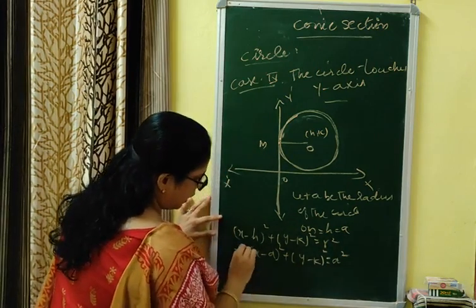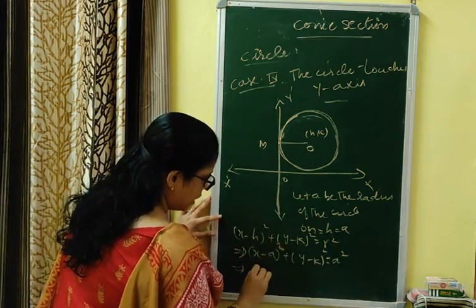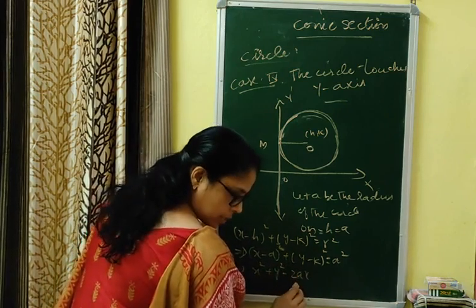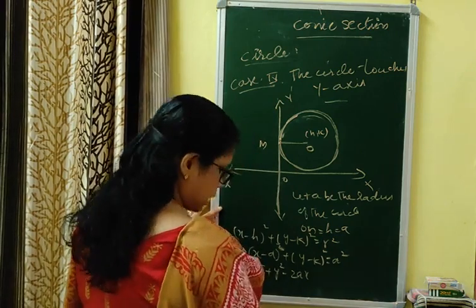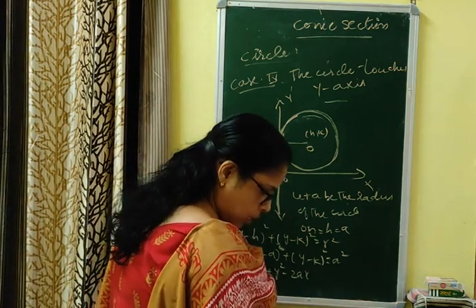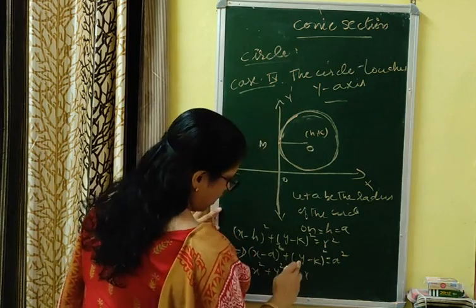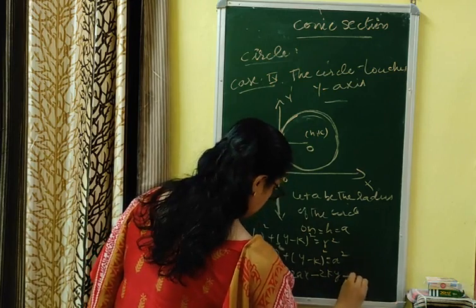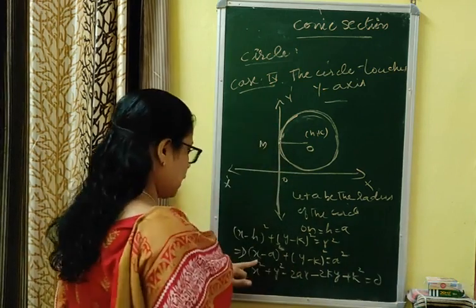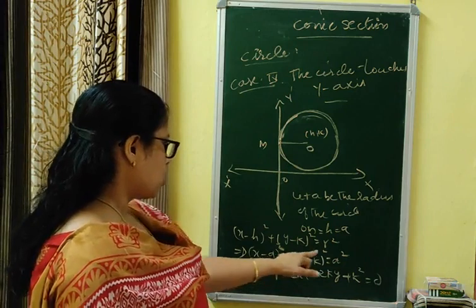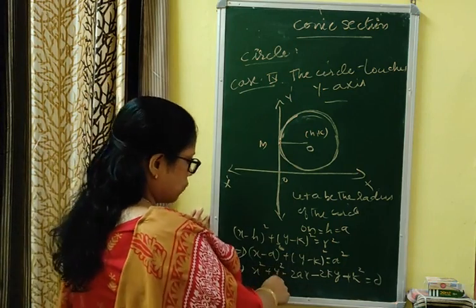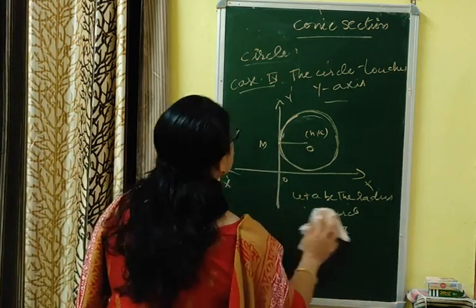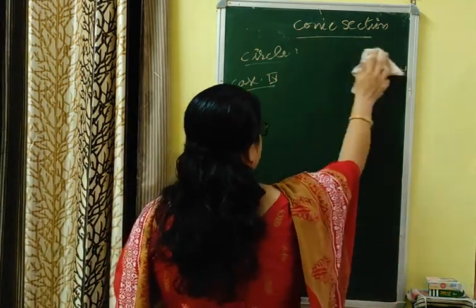By solving and arranging in descending order of power, we get x² + y² − 2ax − 2ky + k² = 0, because the a² terms are getting cancelled. This is case 4. Now what is case 5?